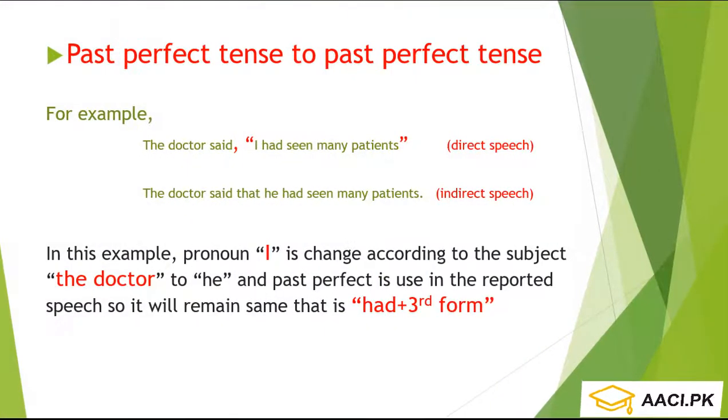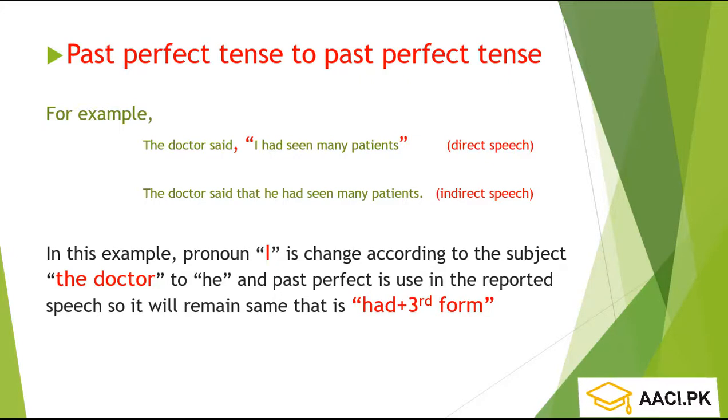And the next one is, if past perfect tense is present in the reported speech, then it will be converted into past perfect tense. Past perfect tense always changes into the past perfect tense. For example, the doctor said, I had seen many patients.